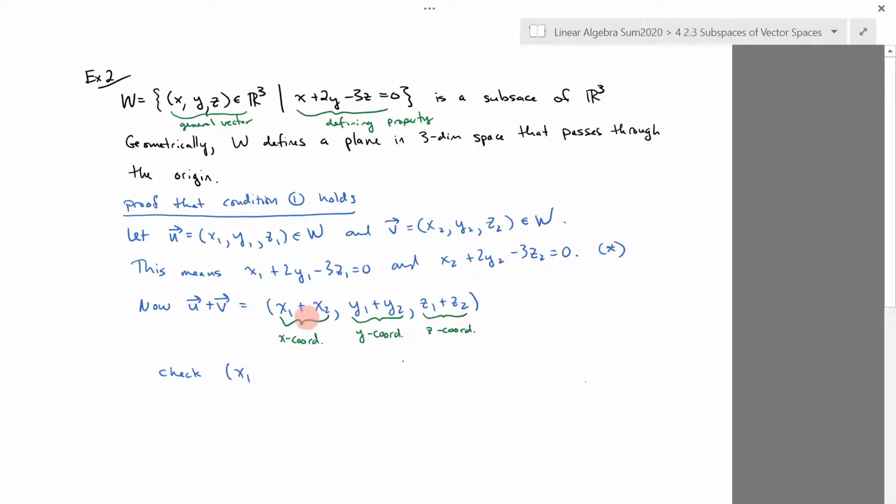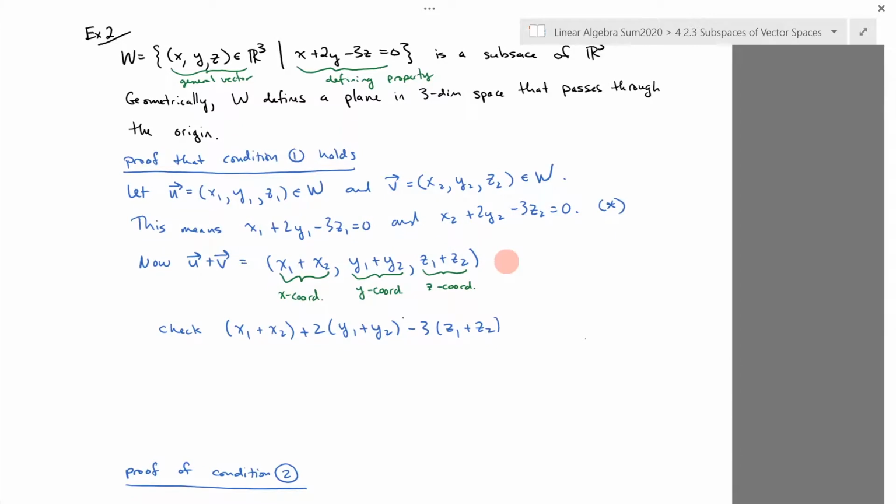So we have to add the coordinates in this way, right? So x1 plus x2 plus 2 times the y coordinate, which is y1 plus y2, minus 3 times the z coordinate, which is z1 plus z2. Okay, so what is this thing equal to? Well, let's separate the components, right?